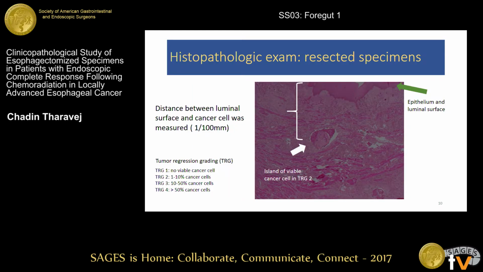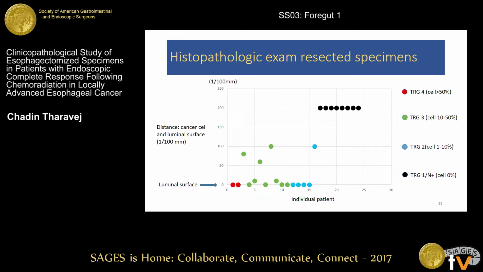To analyze the location of the residual disease in the resected specimen, we measured the distance between the luminal surface and the most superficial viable cancer cell in the wall of the esophagus in each patient. And we classified all these specimens according to the TRG system. So here's a picture of the distance between the luminal surface and the most superficial cancer cell in each patient according to the TRG.